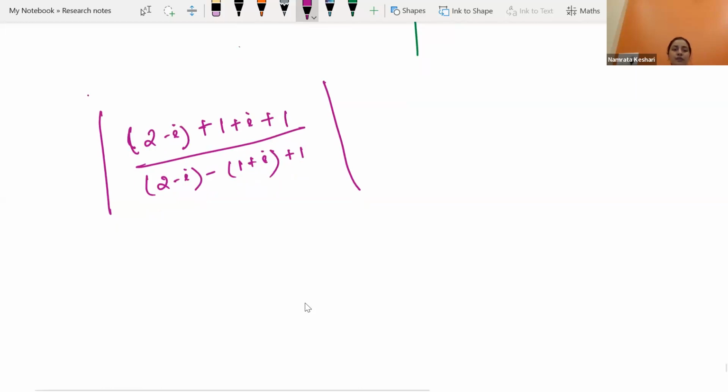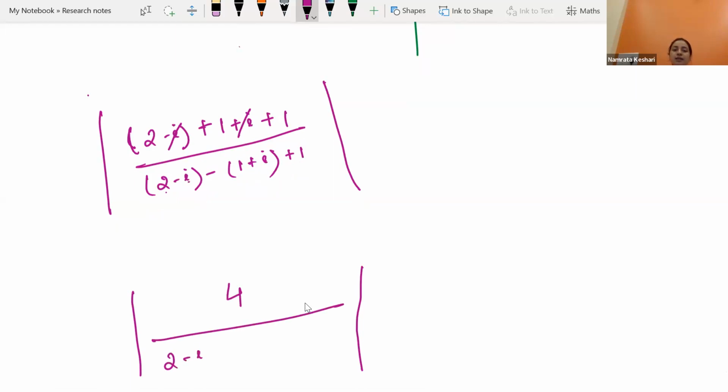When we open the bracket, this minus i and plus i cancel each other, yes or no? Yes, ma'am. Okay, we have to do basic simplification here. 2 plus 1 plus 1: 2 plus 1 is 3, 3 plus 1 is 4, so 4 over 2 minus i minus 1 minus i plus 1.